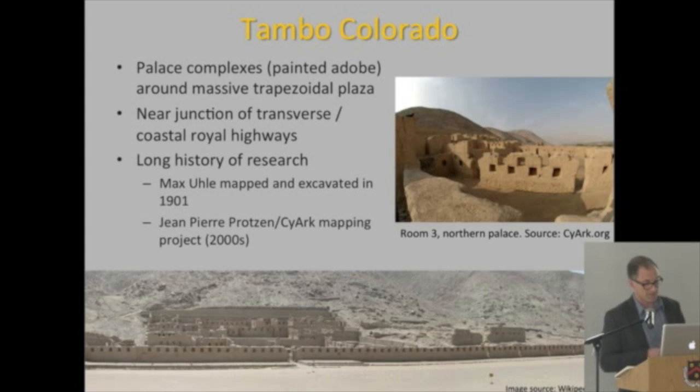There's a long research history there, starting in 1901 with Max Uhle, a German archaeologist who produced spectacular maps there, and we've actually got some of those in the same database now. More recently, Jean-Pierre Protzen from UC Berkeley worked with CRC to do a laser scanning project there in the early 2000s.